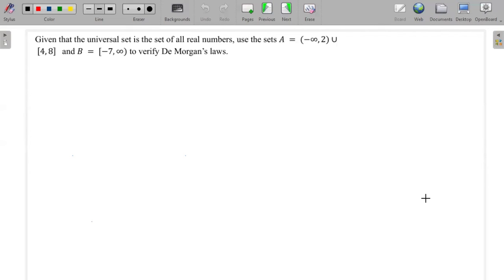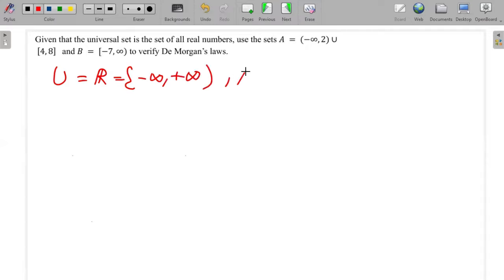Okay, right. So this question here is on interval notation because I can see some intervals now. They're saying, given that the universal set is the set of all real numbers, meaning the universal set is the set of all real numbers from minus infinity to positive infinity.